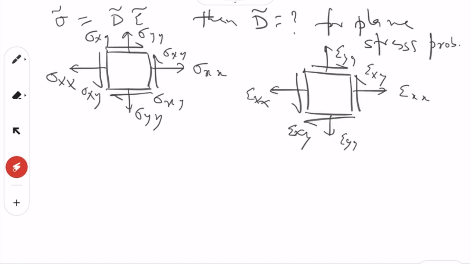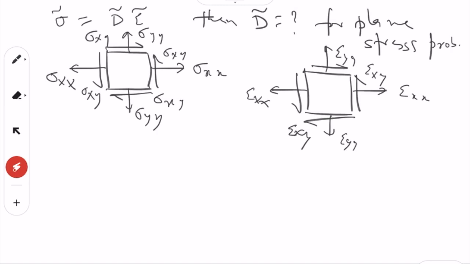Now if we look at this one, the strain here is the one which we are looking at. So this strain depends on this stress.